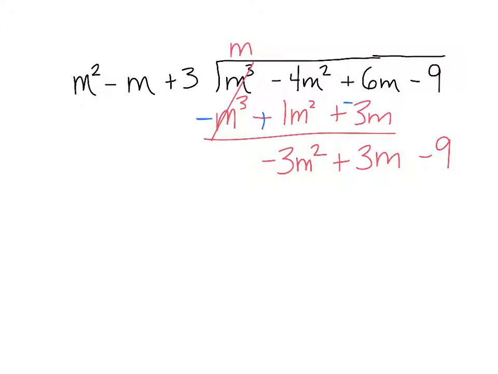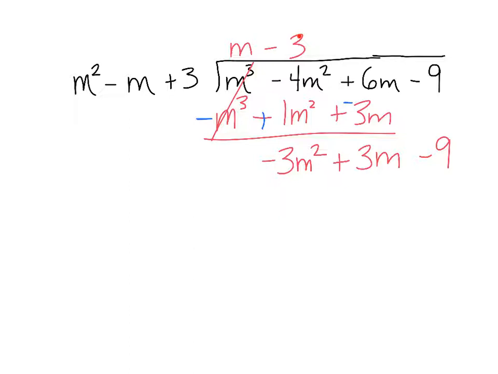Now we're ready to start over. We take this m squared and we say, what would we take m squared times to get negative 3m squared? Well, the m squared's already there, so it looks like I just have to take times negative 3. So up here I put negative 3. And then that negative 3 is going to distribute to all 3 of these terms here.